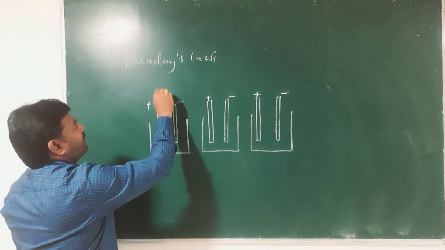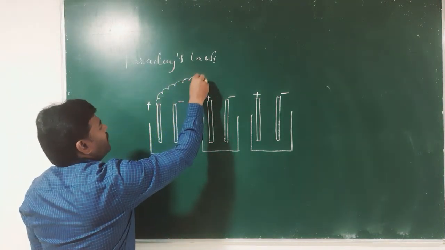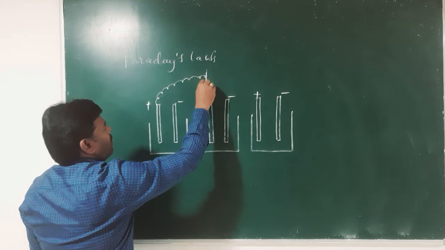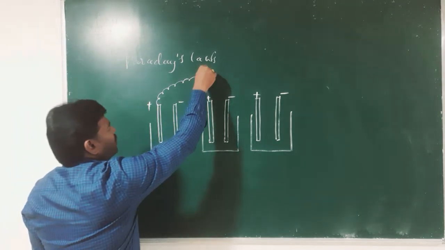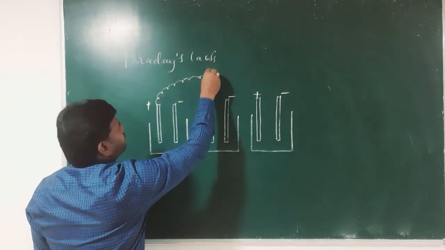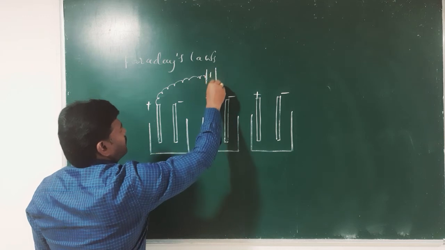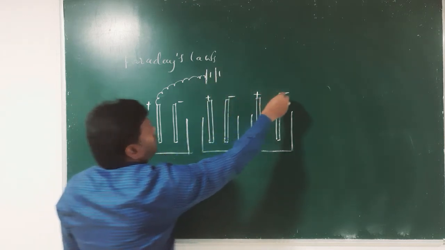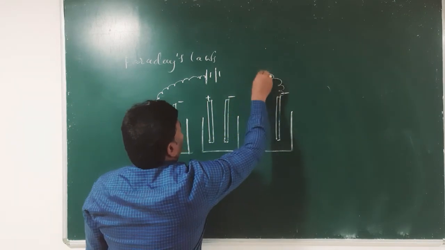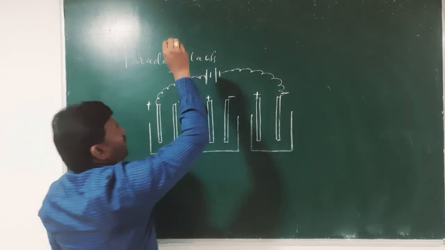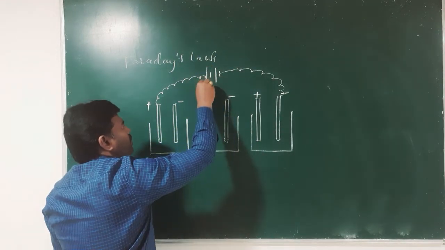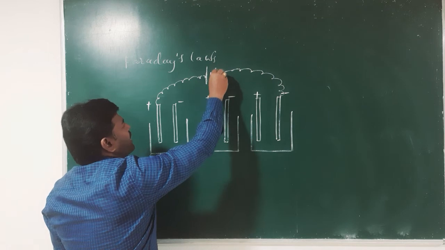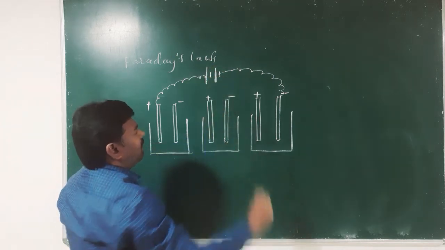If we connect to the battery, the positive terminal is connected to the long line and the negative terminal to the small line. The long line indicates positive and the small line indicates negative, right?